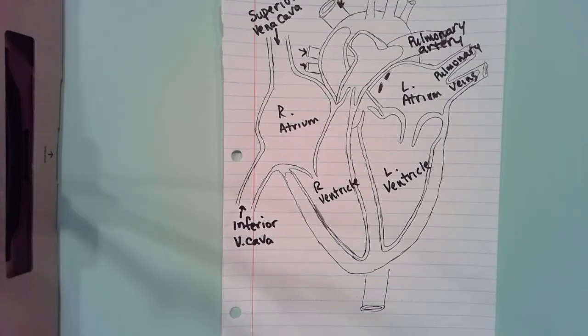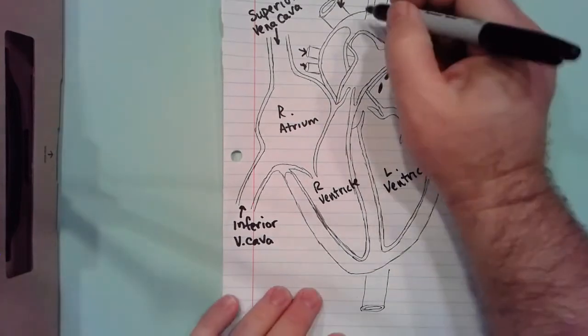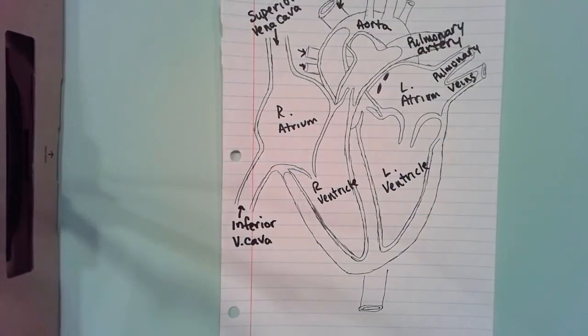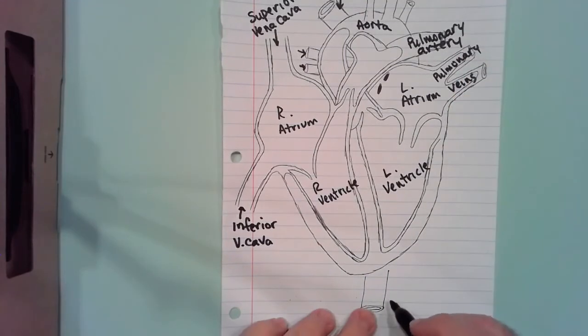And the main artery leaving the left ventricle is called the aorta, and it curves over the top of the heart and then even goes down below to the rest of the lower body.